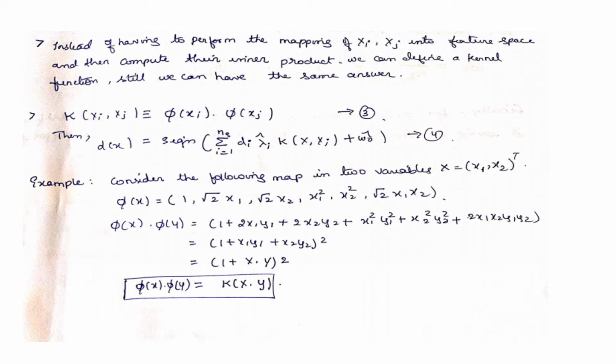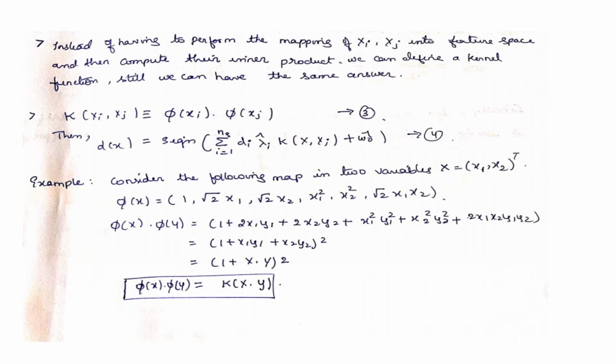Instead of having to perform the mapping of xi, xj into feature space and then compute their inner product, we can define a kernel function and still get the same answer as the inner product.